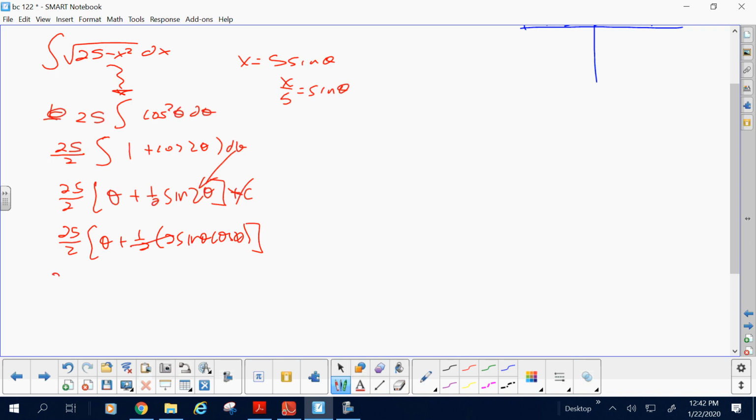So with that said, you get 25 halves theta. Oh no, I can sub that. So what is theta in x terms? Inverse sine of x over 5. I agree. Okay. And sine of theta is x over 5, the cosine of theta is root 25 minus x squared over 5. Do you agree?